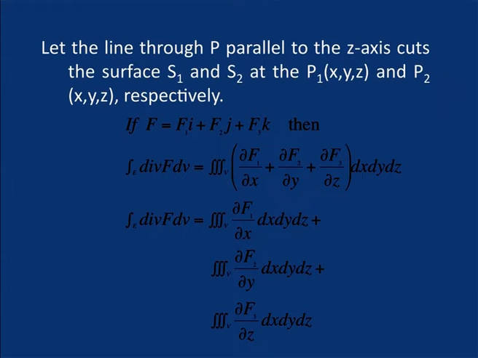Therefore, the integral over V of divergence f dV becomes the triple integral over V of del f1 over del x dx dy dz, plus the triple integral over V of del f2 over del y dx dy dz, plus the triple integral over V of del f3 over del z dx dy dz.